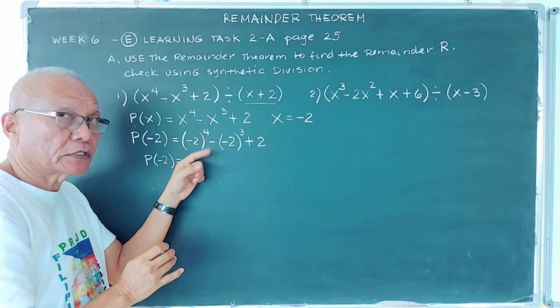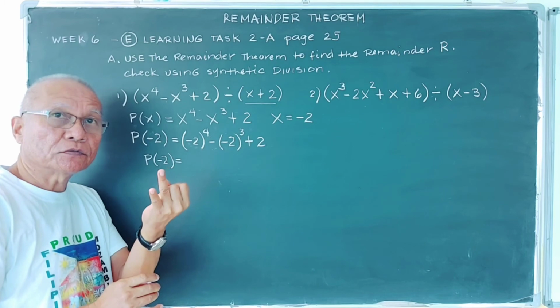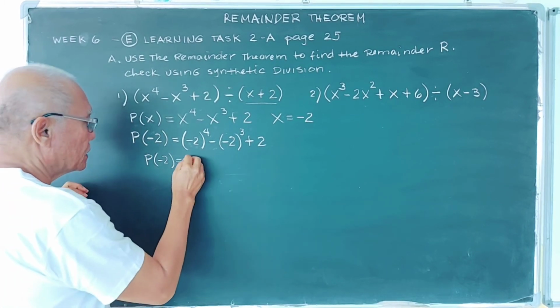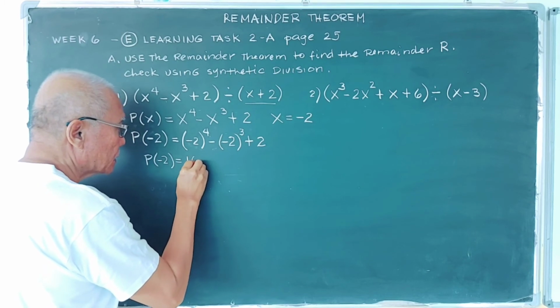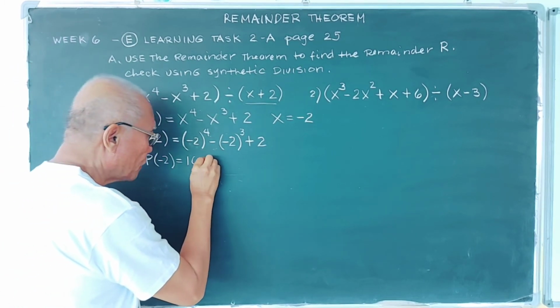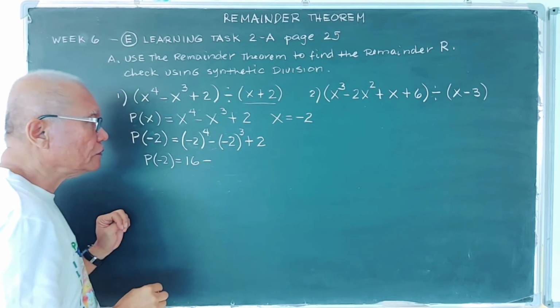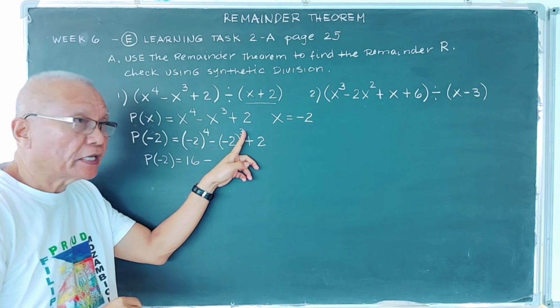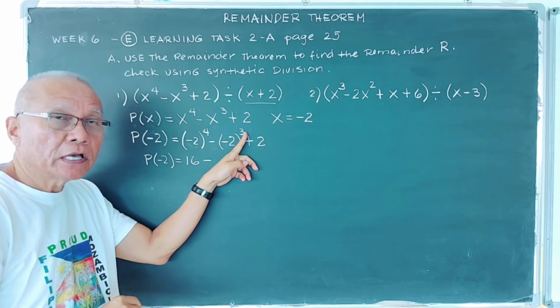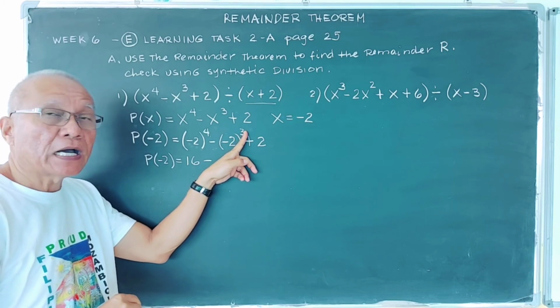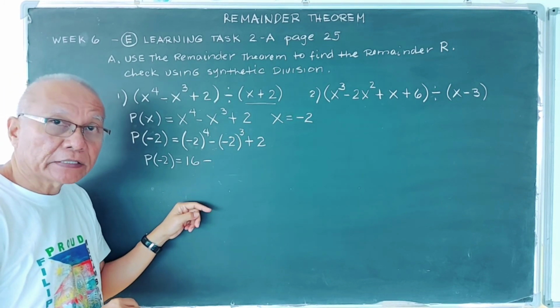So, 2 to the 4th. 2 times 2, 4 times 2, 8 times 2, 16. So, ito ay 16. Okay, minus. O, kopya yung minus. Negative to the 3rd power, exponent ay odd number. Ang final sign dito, pag odd exponent, ay negative.